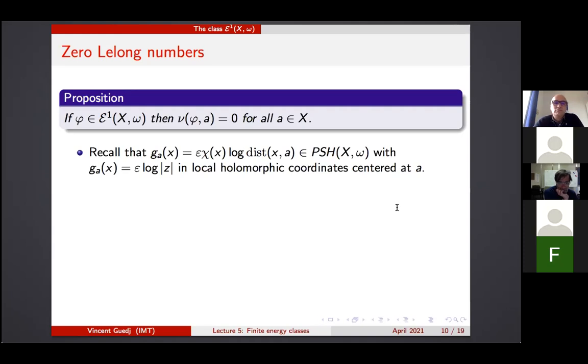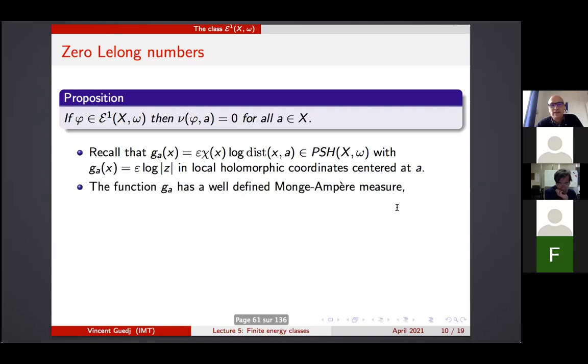So it is certainly not positive, but it's not very negative. If you multiply by a small epsilon, you will end up with a function which is omega-psh, since the negative part is bounded from below by minus omega. So this G_A, referring to the point A, plays the role of a Green function for the point A.